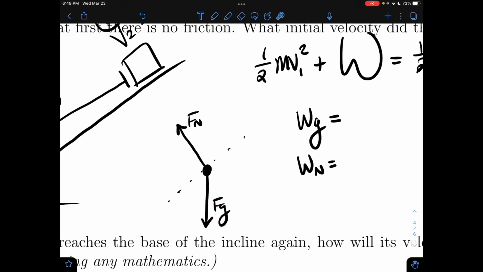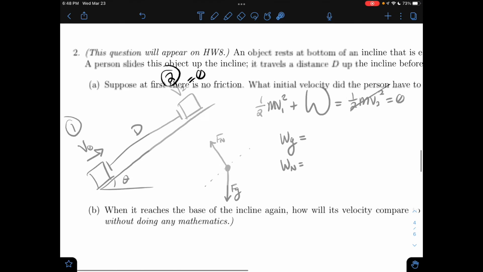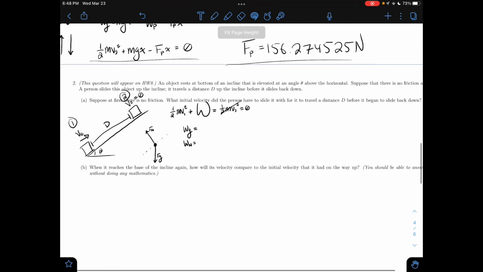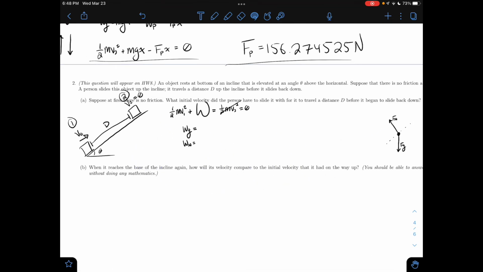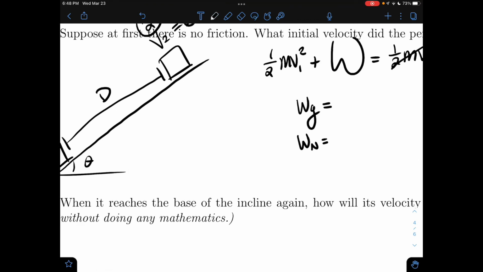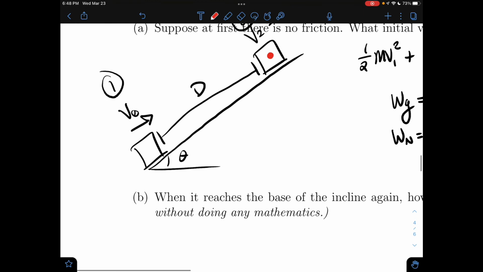Let's figure out what our displacement is on that axis. So gravity is going down, but we're going up the incline, so we know that in some sense it's going to be negative. But if I take this and just bump it on over here real quick, I'm looking at my starting position here, my ending position here, and I kind of just draw a dotted line there.